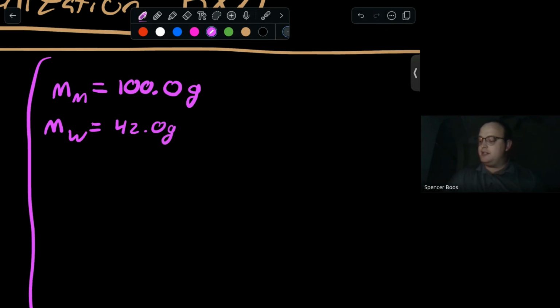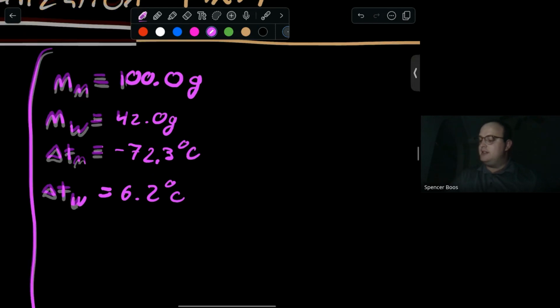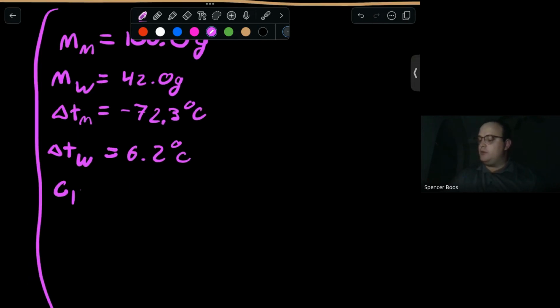Let's say our delta T of the metal is equal to negative 72.3, and our delta T of the water is 6.2 degrees Celsius. The specific heat of the water is 4.184 joules per gram degree Celsius.